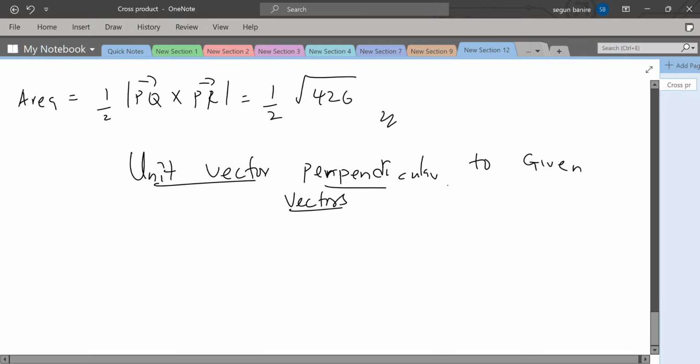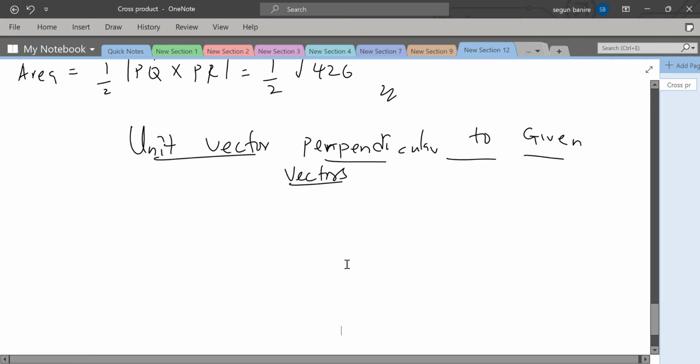So this one is also very important, you know. It's important you know this too. So how do we get a perpendicular vector? Because this is the unit vector that is perpendicular.